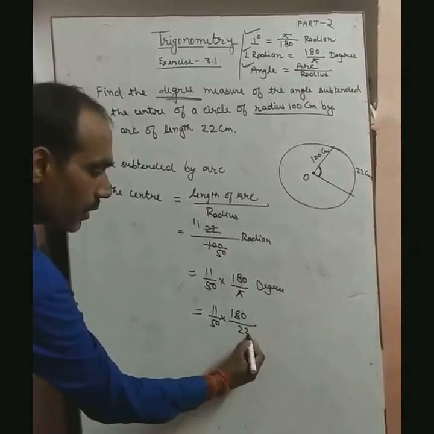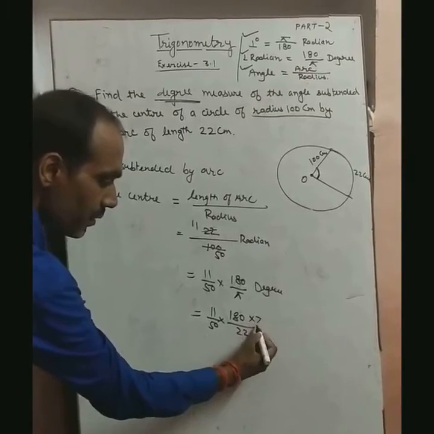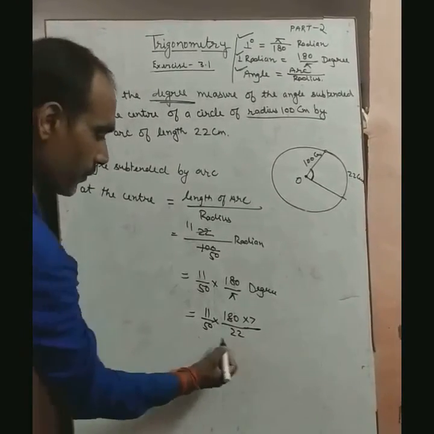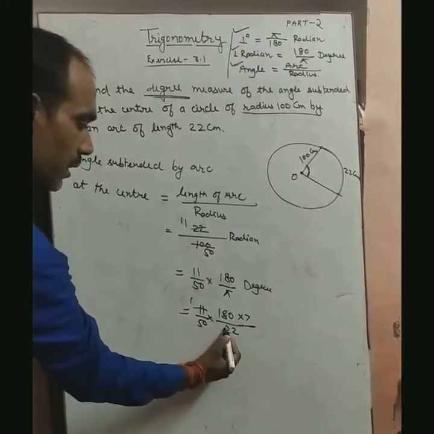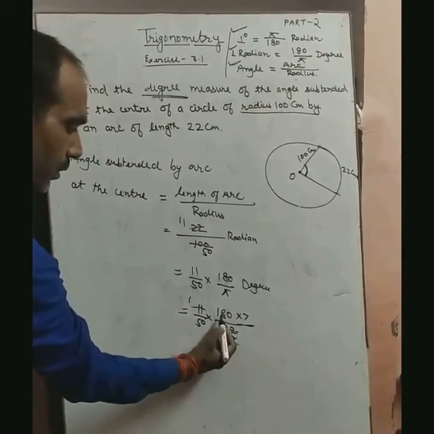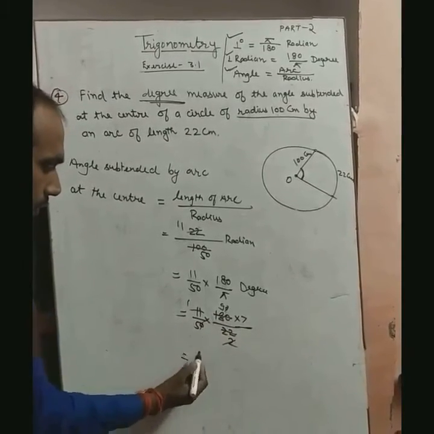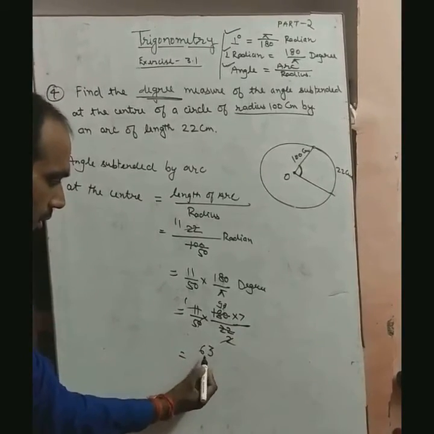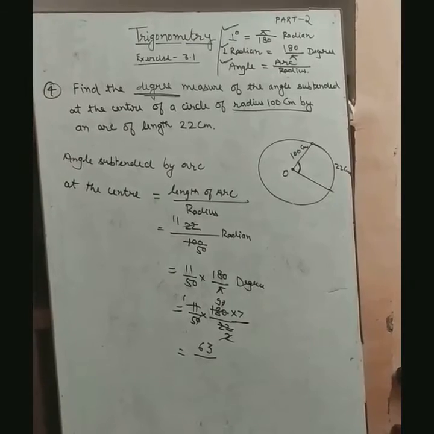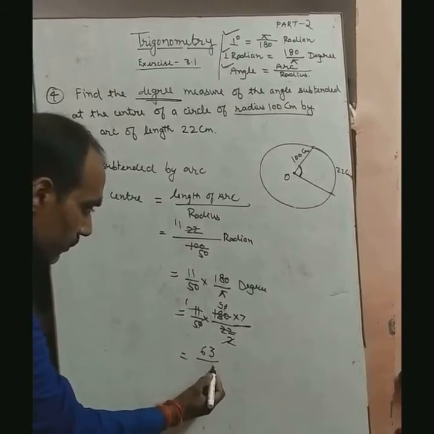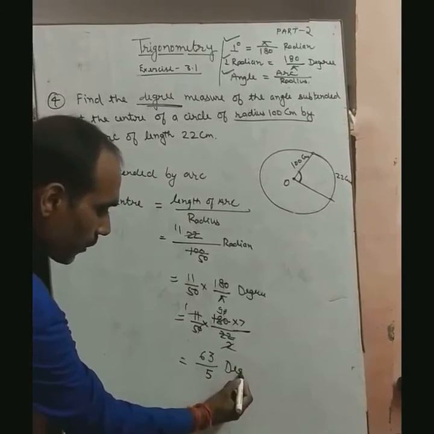Now solve it. 11 ones 11, 11 twos 22, again 2, 90, 0, 9 sevens 63, upon 5 degree.